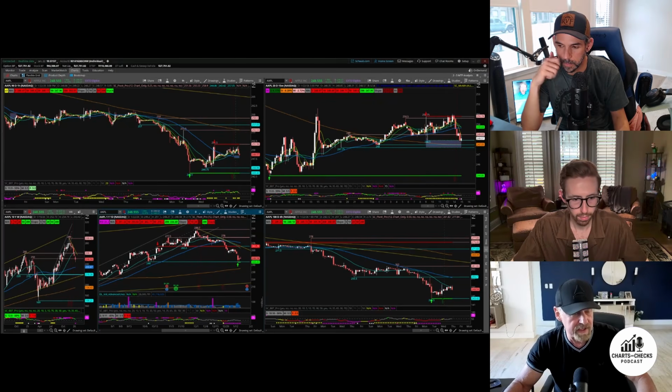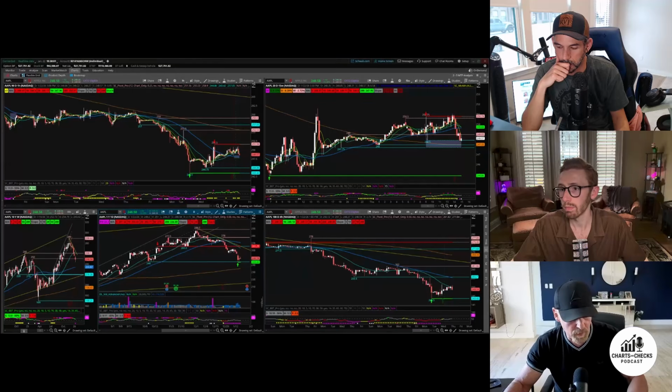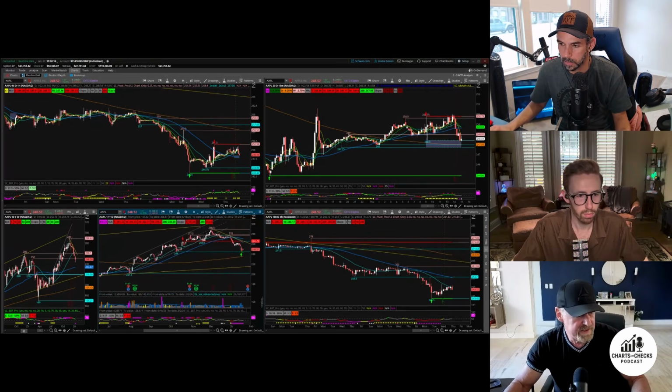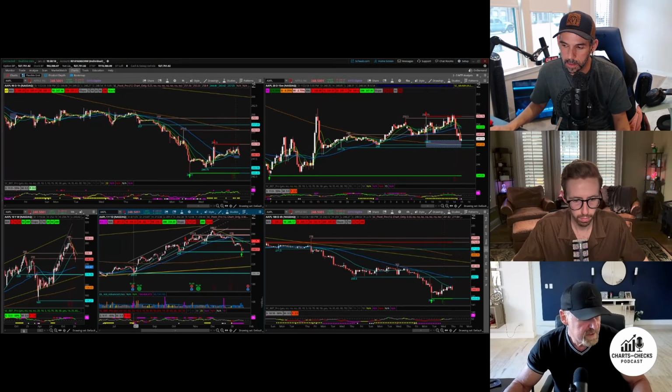Also, you don't get a lot of them on the daily. You got one on the daily right there, which means that's a very important level. That's 244. And then on top of that, it's coming into this 200 period moving average. If you look at the last time it actually came into that 200 period moving average, it didn't. That's 234 bucks, right, Don? 244.